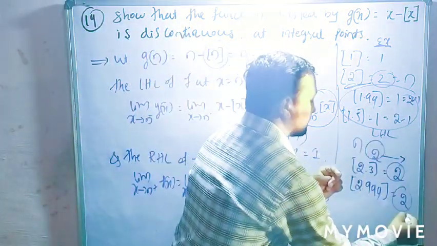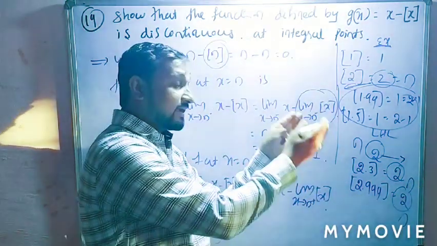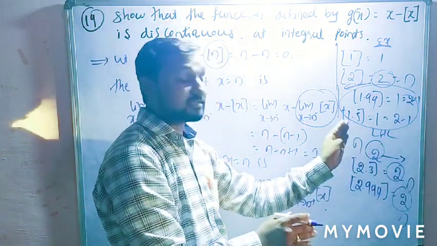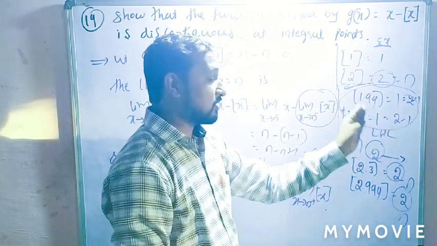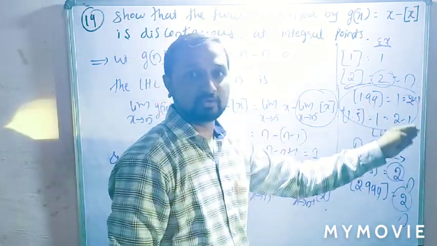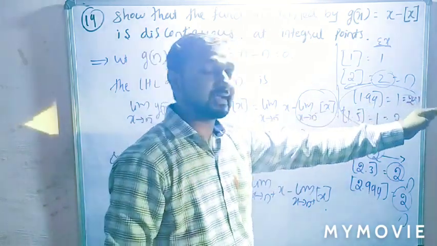I can take this as n. Only the LHL should be the n minus 1 term. The RHL is the value above 2, which is 2.1, 2.2, 2.3 up to 2.99, and 2.99 should give 2.